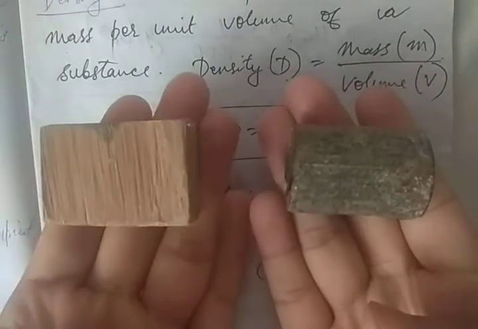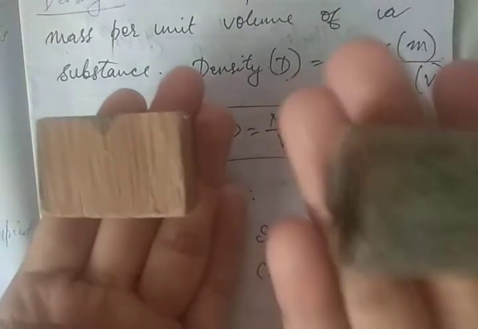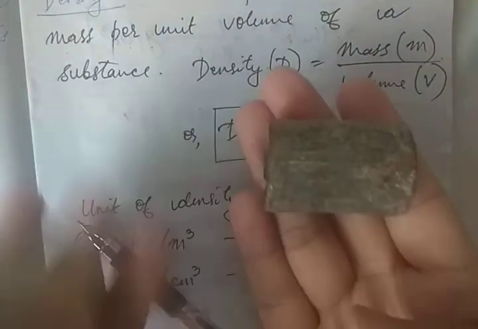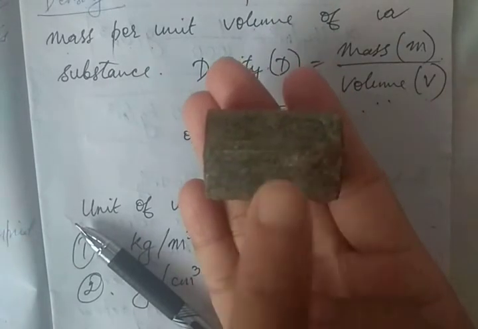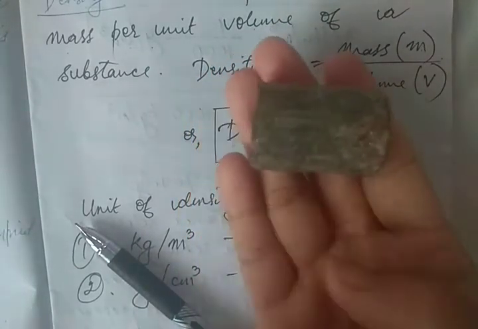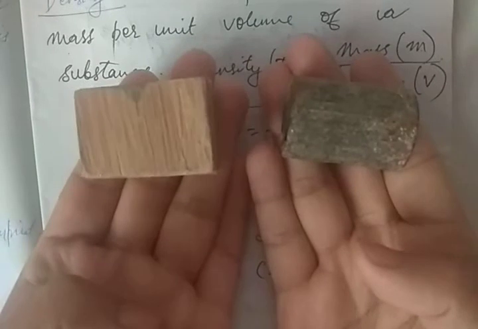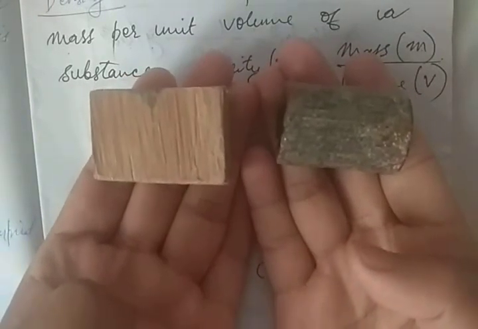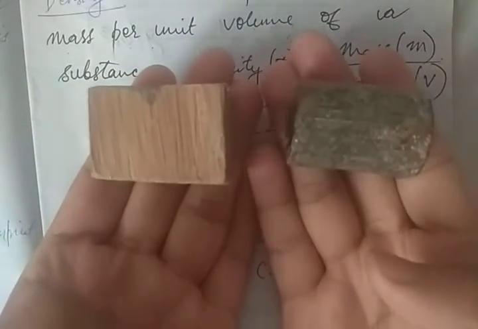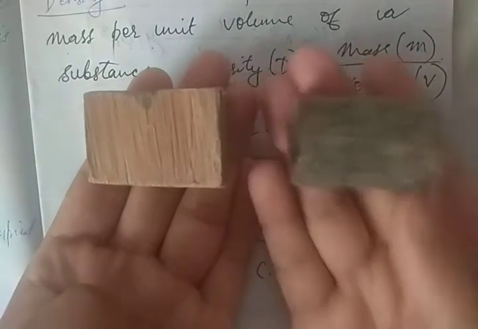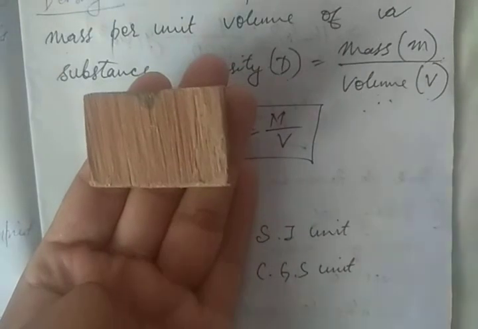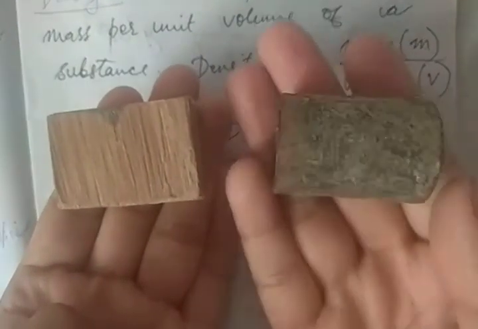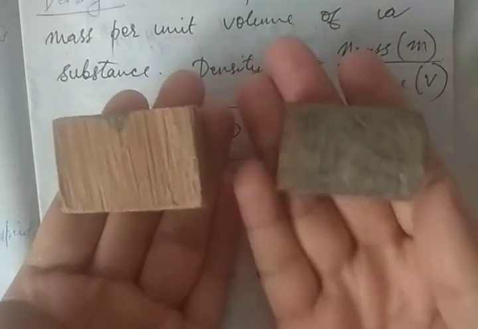Because in this volume of iron, more atoms and molecules are packed compared to the wood. Let us consider for now that they have the same volume. Compared to the iron, a lesser amount of mass is packed in this volume of wood, whereas more mass is packed in the same volume in case of iron.